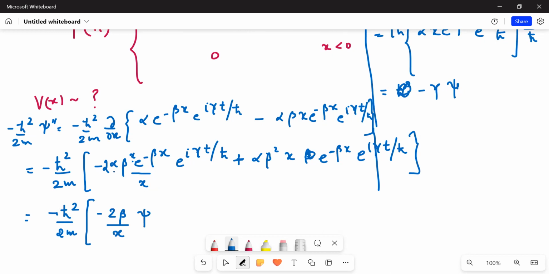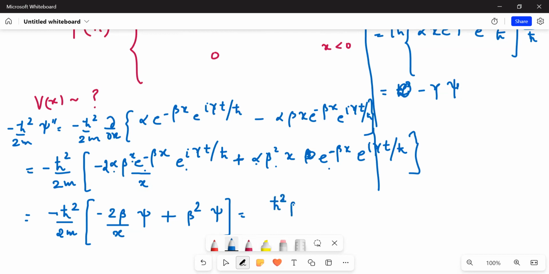Because alpha x e to power minus beta x e to power iota gamma t upon ħ is psi, plus beta square will come out. Now this alpha x e to power minus beta x e to power iota gamma t is again a psi. So what am I getting at the end? At the end, 2 cancels 2. So this is ħ square.